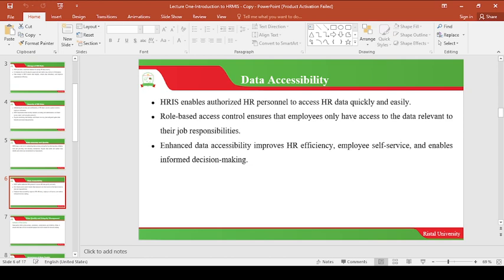So you need to make sure that the data is actually accessible. If the data is not accessible, it becomes very difficult for management to get the information they want in order to decide.